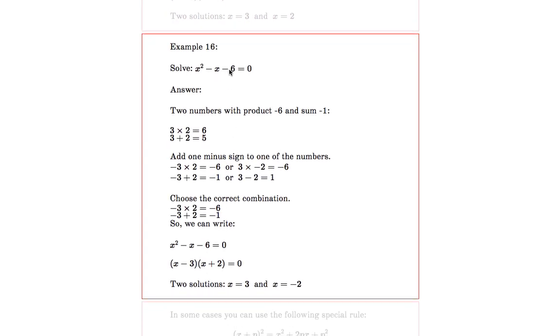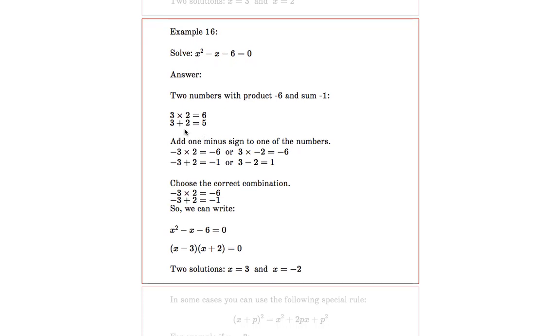Now both coefficients are negative. So we first start with the 6 and think, oh, 3 times 2 is 6 and 3 plus 2 is 5. So we have to do something with a negative sign. Just put it in front of the 3, then it's minus 6, we're happy.